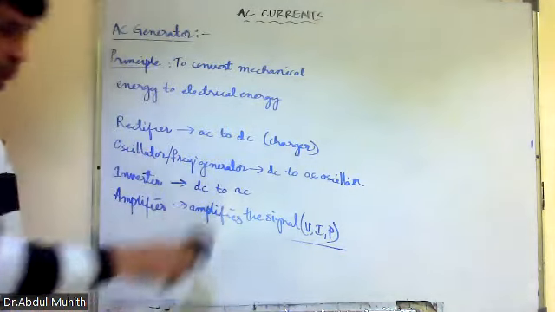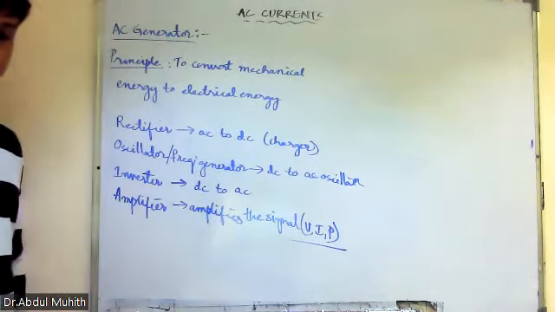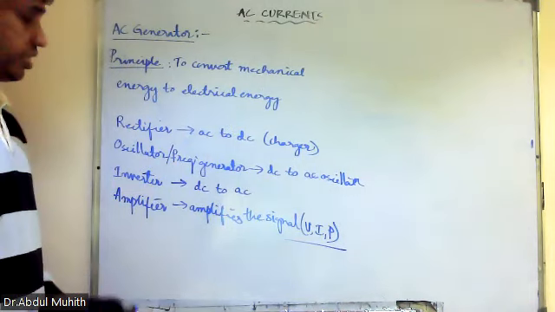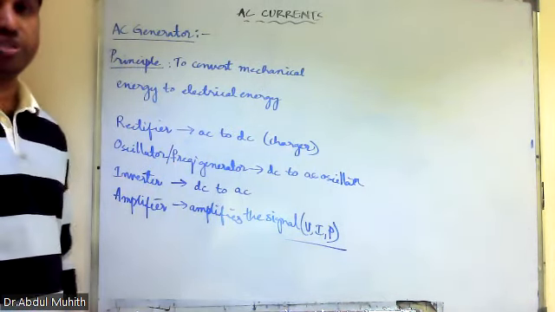Please note down somewhere this one. Then I will erase this and I will draw the diagram now. This is rectifier, oscillator, inverter, and amplifier. Please note down somewhere.